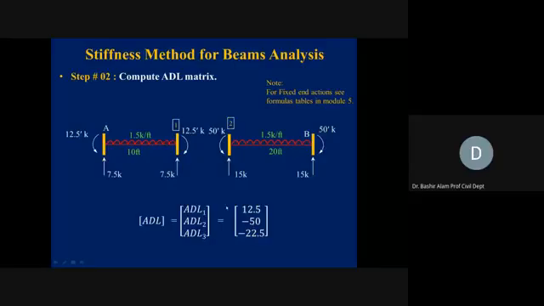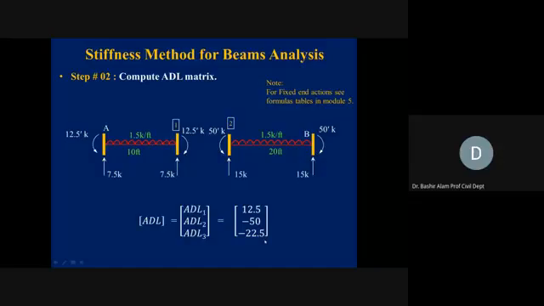And corresponding to D3, which was in the downward direction, we have 7.5 and 15, but both are in the upward direction, opposite to the D3 direction. So minus 7.5 and minus 15, so minus 22.5. These are now the ADL3. This is a very good example of how we pick the corresponding values from the sketch.